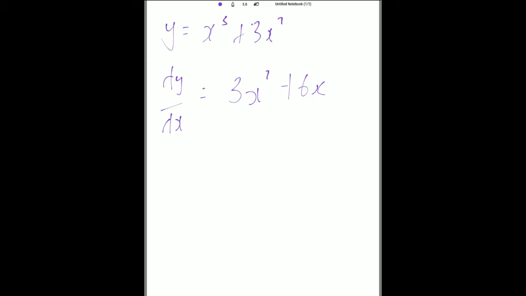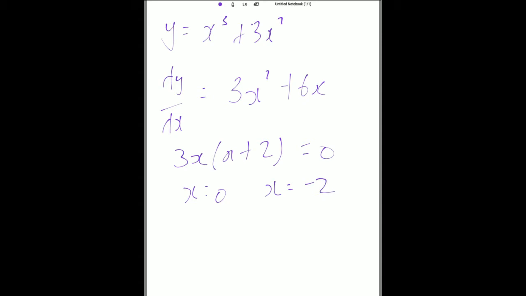Now, let's find the stationary points by equating this function to 0 and solving for x. So, let's say this is 3x, open bracket, x plus 2, is equal to 0. So that is implying that x is equal to 0 and x is equal to negative 2.